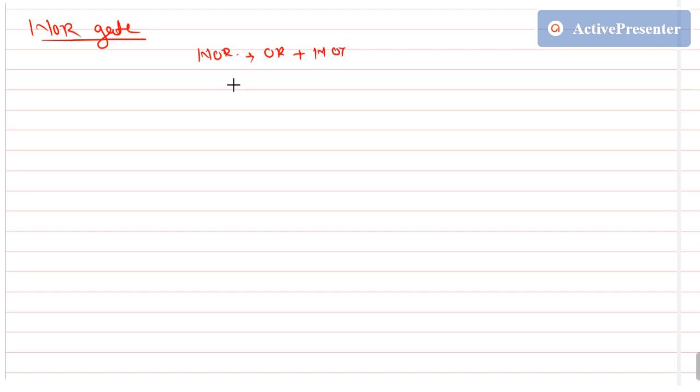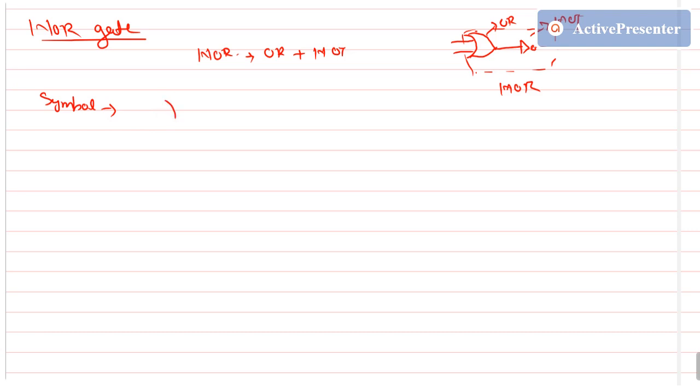That means if you put an OR gate and a NOT gate like this, then this total will be your NOR gate. So this is your OR and this is your NOT. The statement says it is nothing but OR plus NOT, but it has its separate symbol and it can operate standalone. It doesn't need this combination, but NOR gate means this.